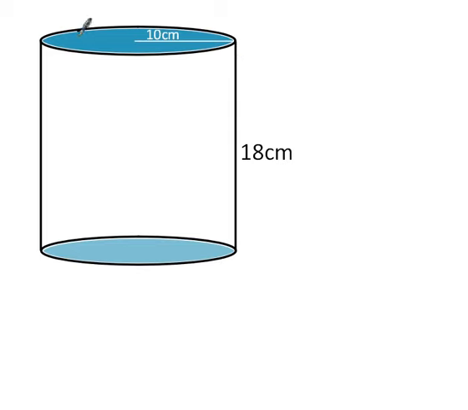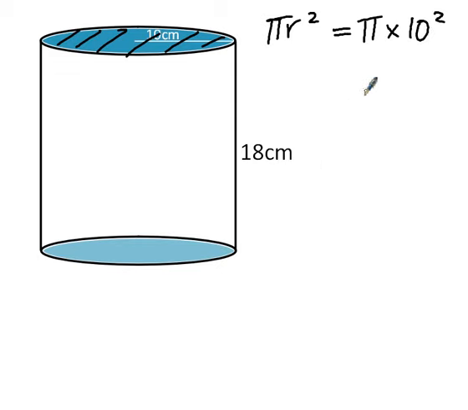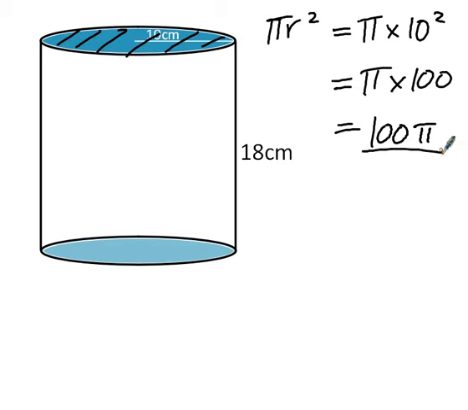To find the area of a circle, the formula is pi r squared. So for this circle, it's pi multiplied by 10 squared, which is pi times 100. I'm just going to leave this as 100 pi for now. That's the area of the circle.